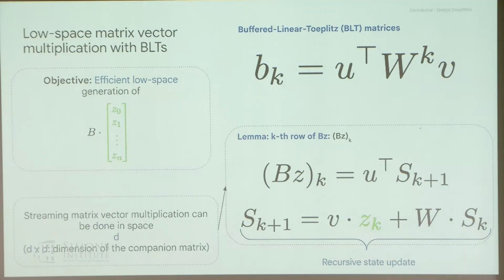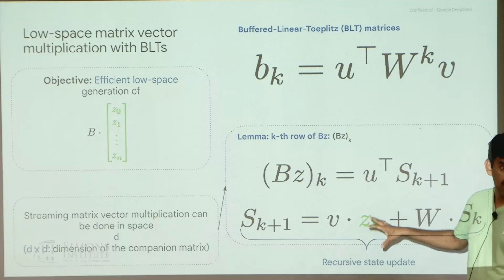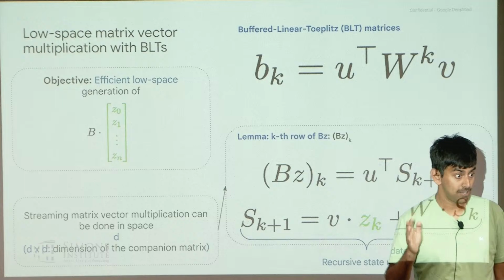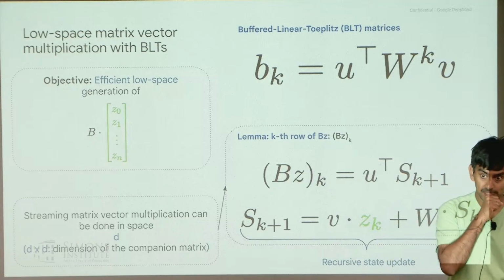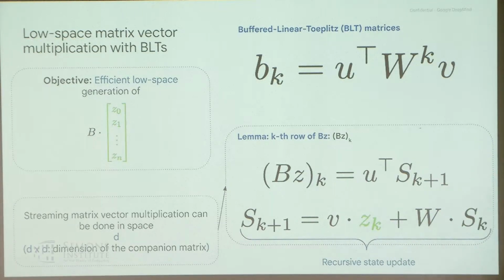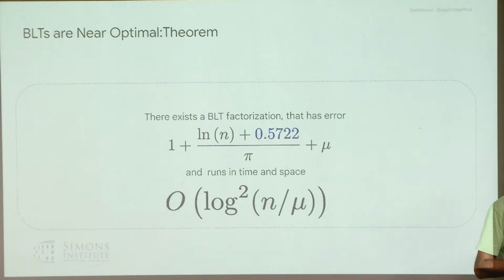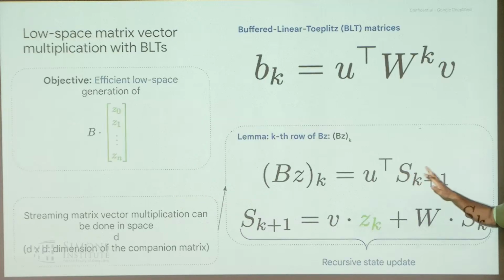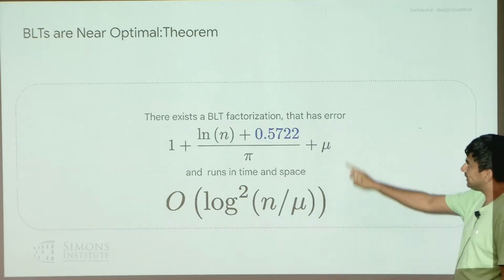Okay. Now once I write it in this particular form of BLTs, I still need to get that error, 0.577 over pi, right? It turns out that this has very close connections to what are called rational functions. Oh, before going there, sorry. Now that I've defined what a BLT is, what we really show is that there exists a BLT factorization.